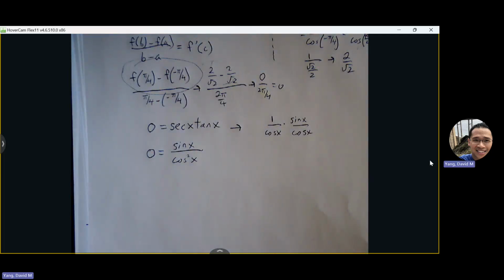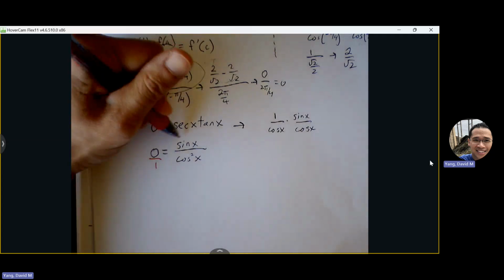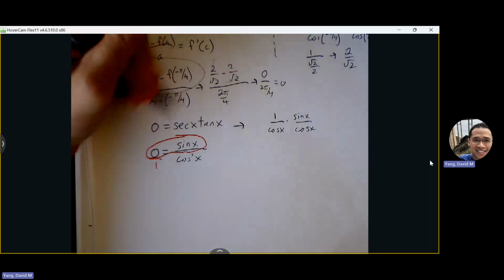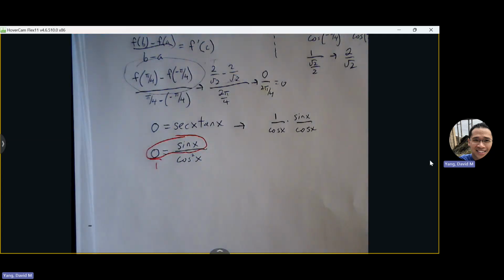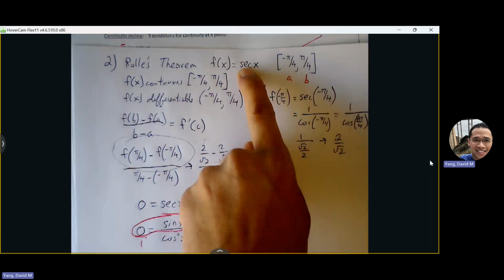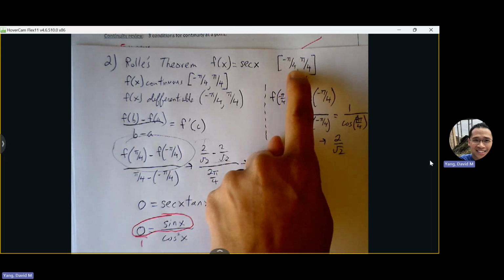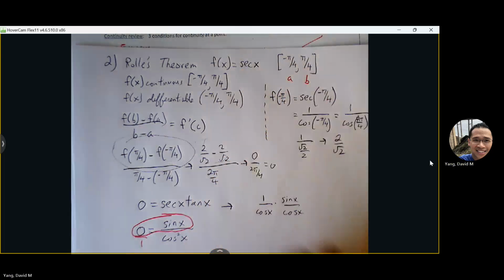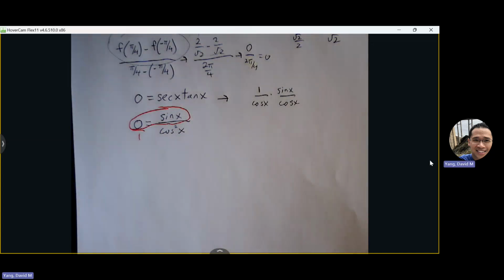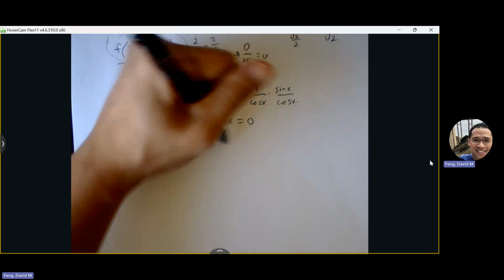But I'm really just caring about what the numerator is giving me. It's technically 0 over 1. And so it's really just the numerator that we have to worry about. We just have to worry about where sine is equal to 0, and that's going to tell us where this graph is going to experience a slope of 0 that is going to land somewhere between these two endpoints. So where is sine equal to 0?